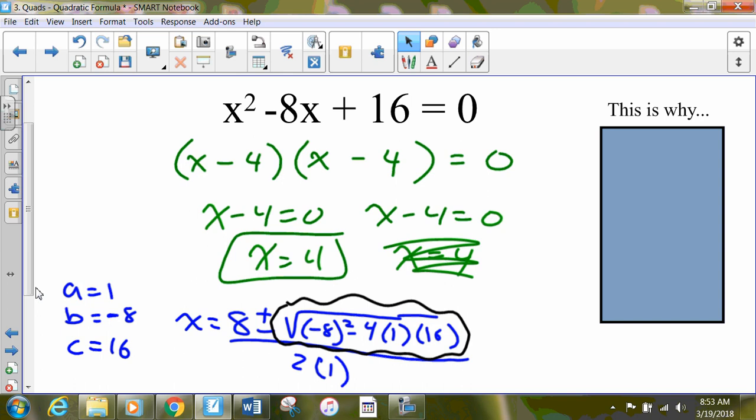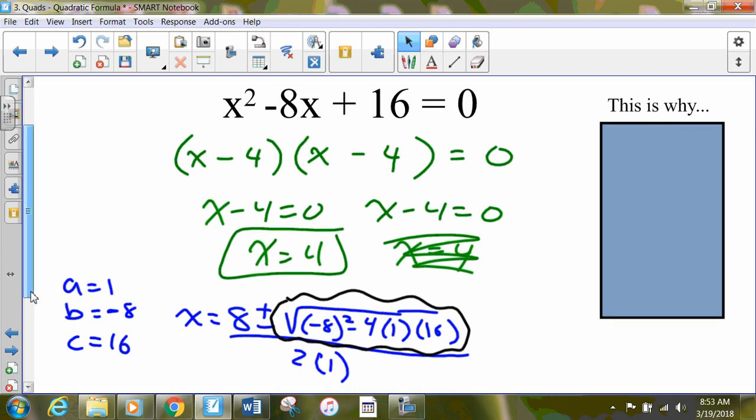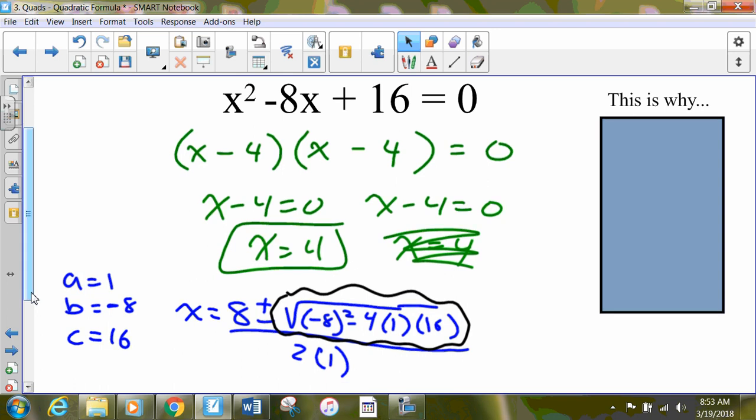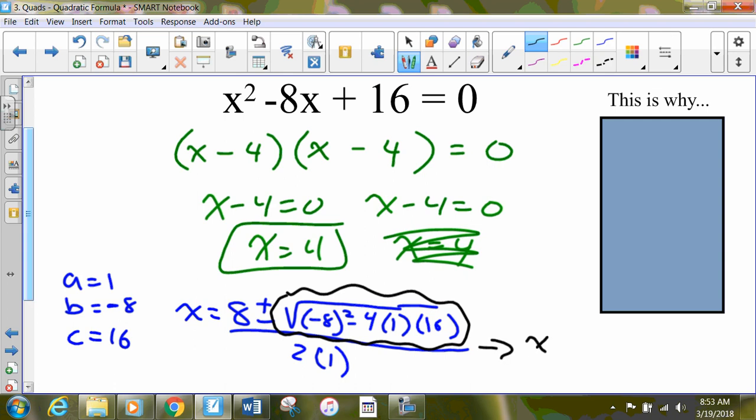Yep, it's going to give us a 0. We've never had that before. So when it gives us a 0, that means we've got x equals 8 plus or minus 0 over 2. 8 plus 0 is 8. 8 minus 0 is 8. So basically, x is equal to 4.